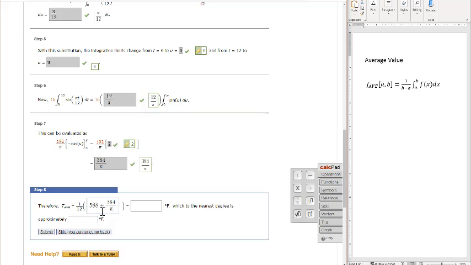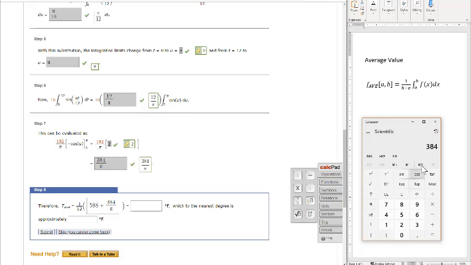And so if we're going to punch all this stuff in our calculator, let's get our calculator out again. We have 384 divided by pi. There's pi. We're going to add 588 to it, and then after that, we're going to divide it by 12.